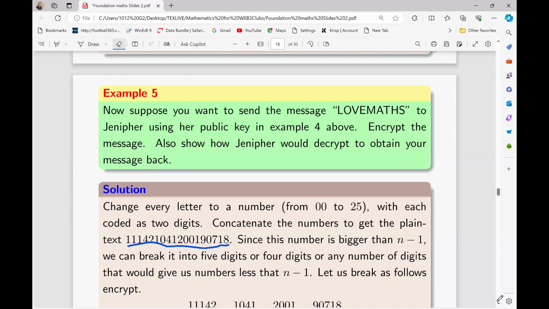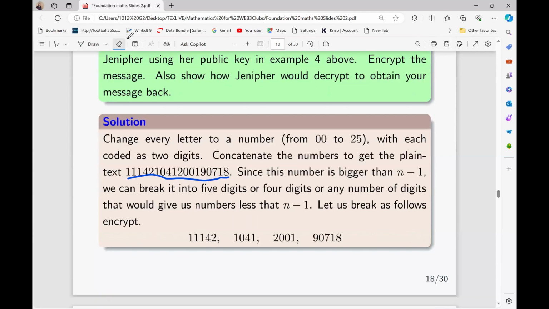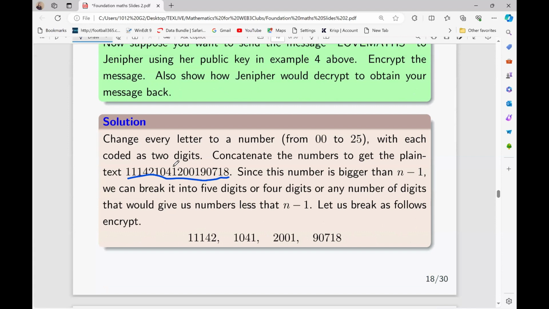So I then broke it here. Remember how we were breaking it the other time? We were avoiding beginning with a 0. Because we are raising this number to another number, when you begin with a 0, that 0 disappears, and it's part of the text. We don't want to lose it. So this is how I break.